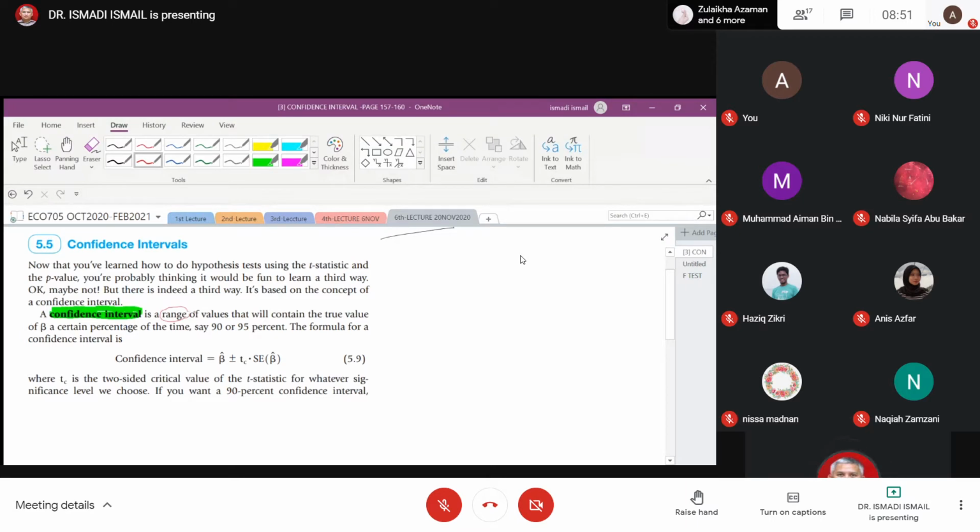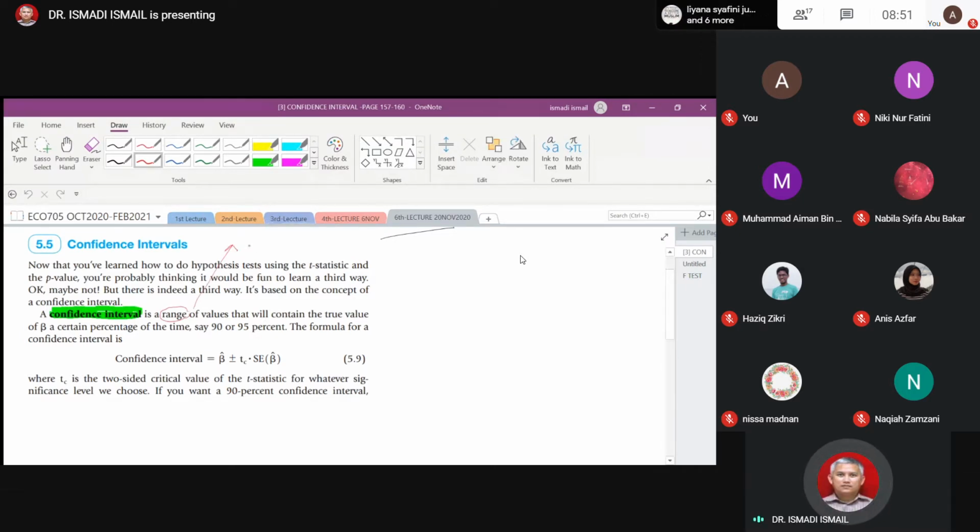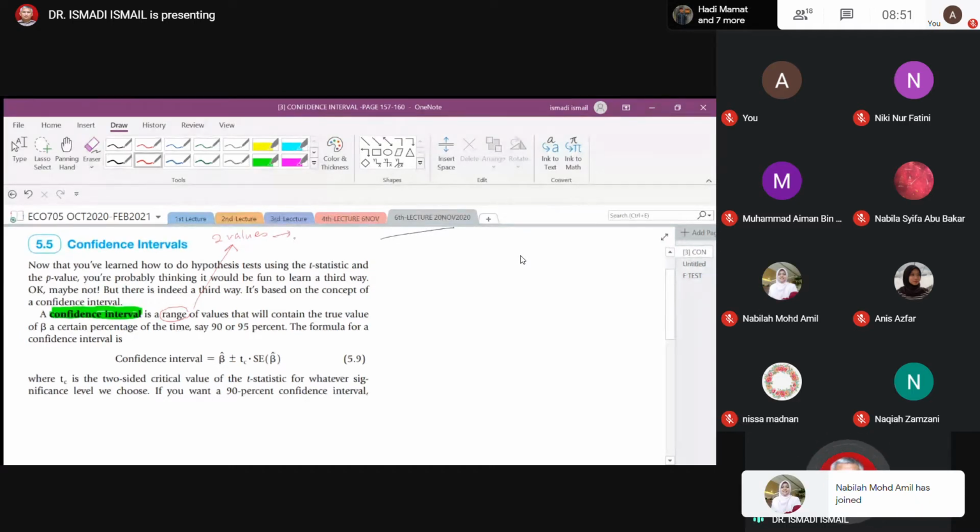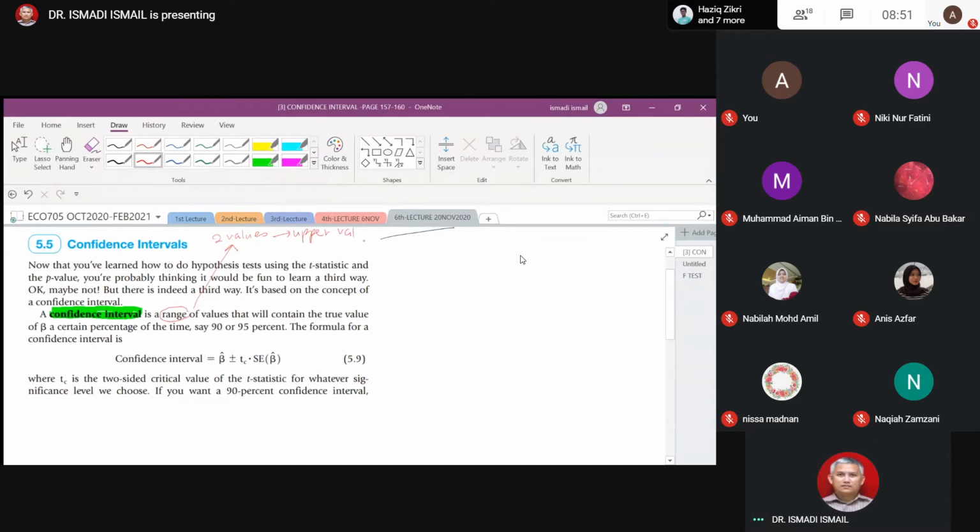A range will tell us there would be two values. One is the upper value or limit, second is the lower limit, the lower bound.